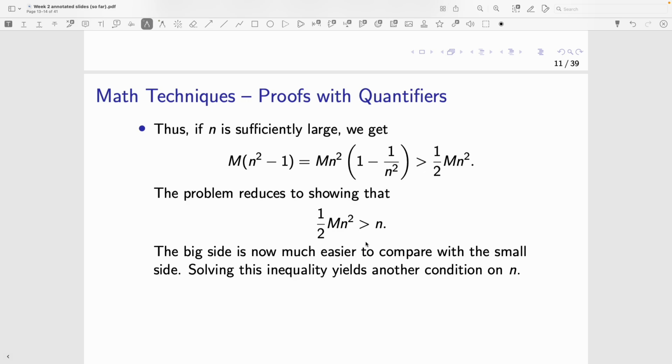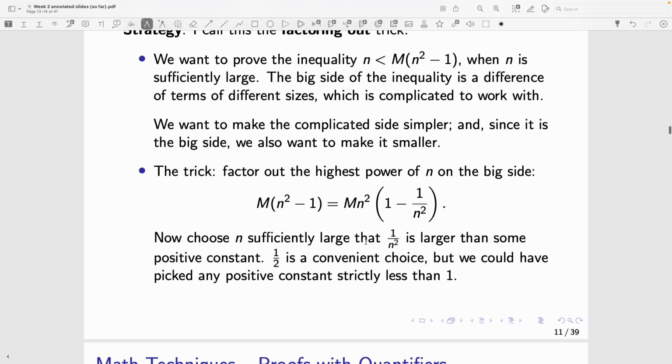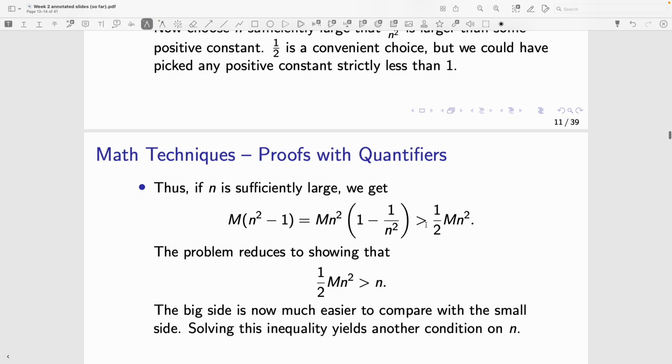Another point worth pointing out is that this process gives us 2 conditions on n. We found one condition by guessing a value of n that would turn this whole expression into a constant. And then we found another condition by solving for n from that simplified expression.